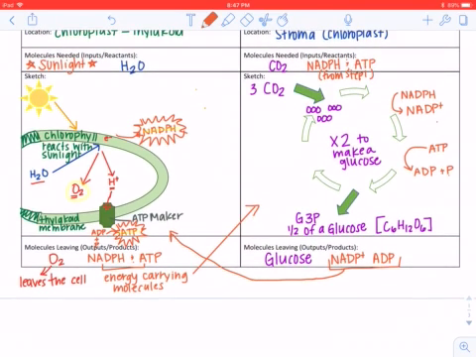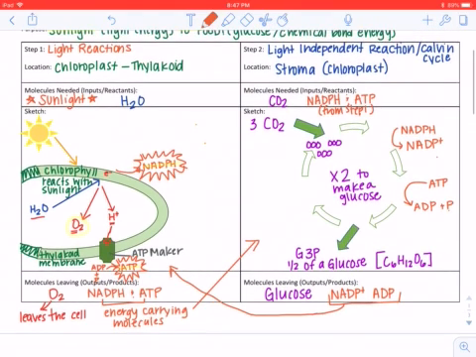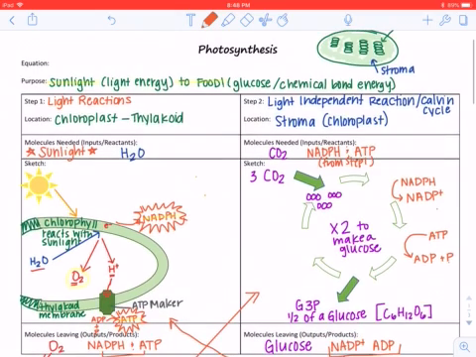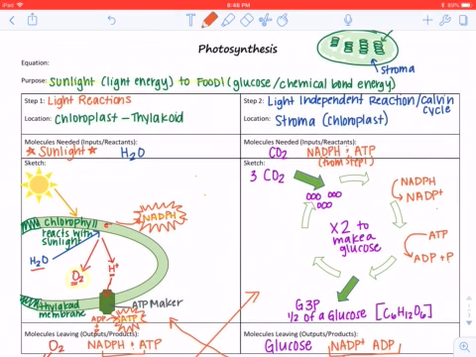Okay? So if we take a look at this overall idea of photosynthesis, we want to think about what are our reactants that come from the outside and what of our products that are either waste or the end result or the goal. We're going to use that to create an equation for ourselves.